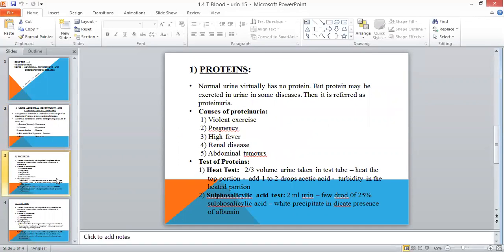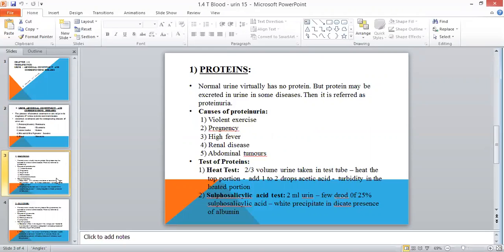Now, in the case of protein, normal urine virtually has no protein. The protein that is excreted is very insignificant, but protein may be excreted in urine in some diseases. Of all the proteins, albumin is readily excreted because of its small size.